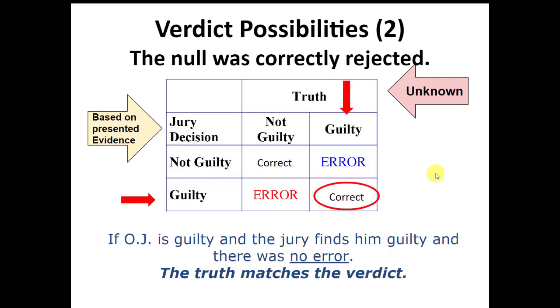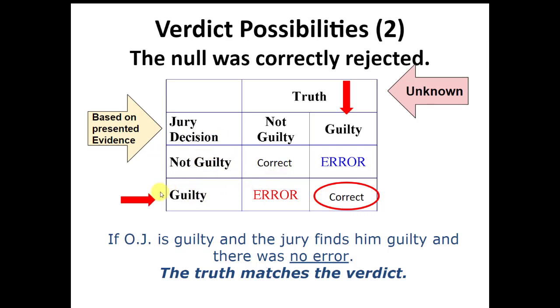There's another possibility of the jury being correct. In this case, the truth is that he was guilty. And the jury found that on the presented evidence, there was enough evidence that they should move from the presumption of not guilty, which is the null hypothesis, to the presumption of guilt.